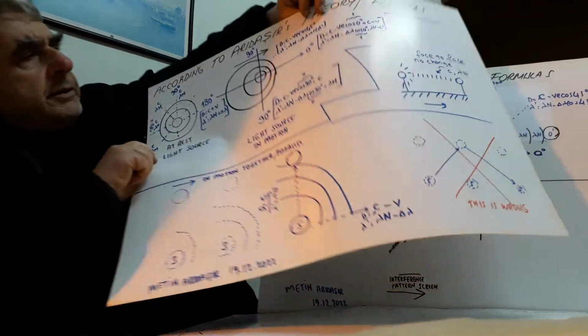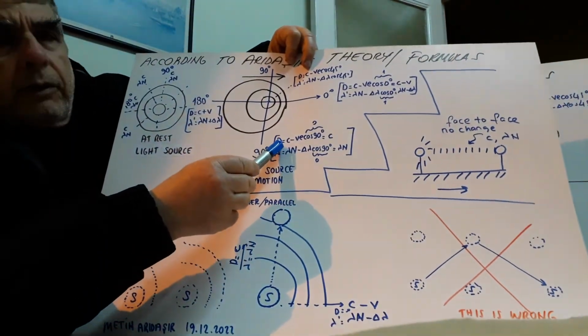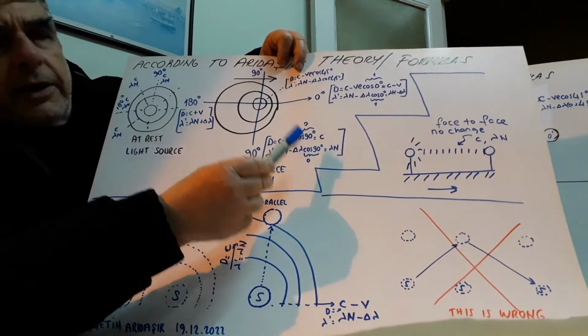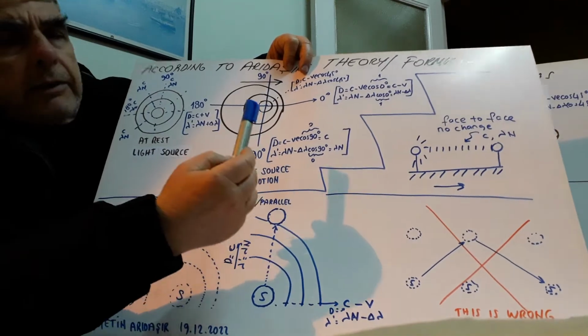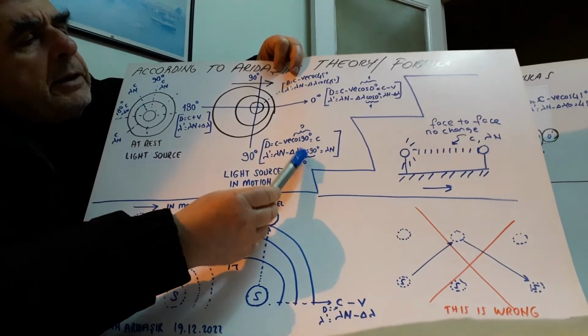These are the formulas. Wave velocity formulas. D, point wave velocity, is equal to c minus source velocity cosine alpha. And point wavelength is equal to lambda n minus delta lambda cosine alpha.